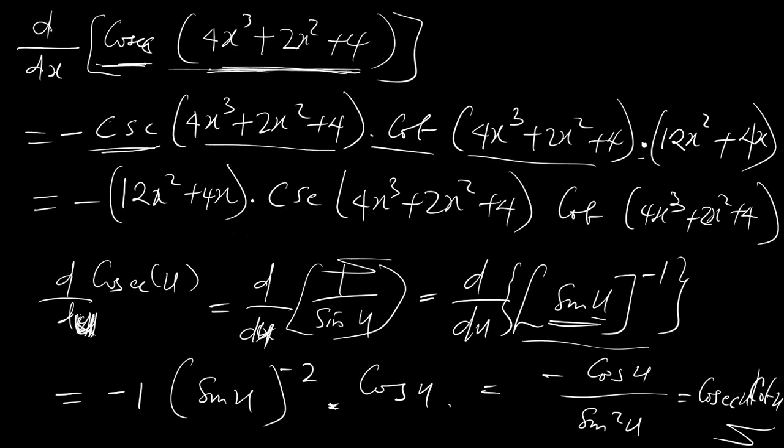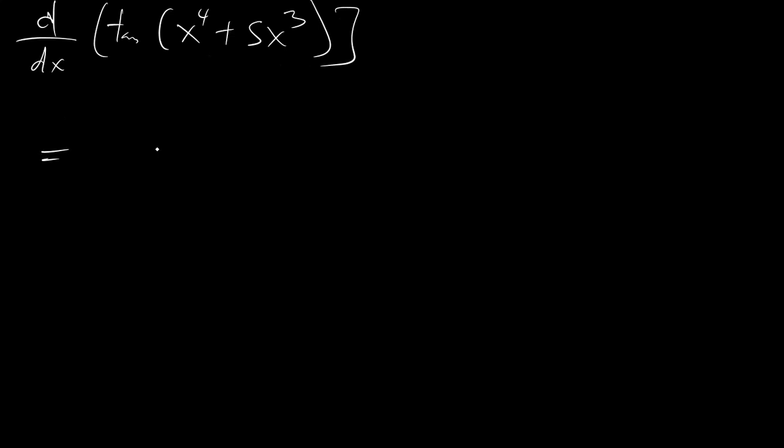So now let's go to the next question. Let's say you have the derivative of tan x raised to the power 4 plus 5x cubed. Now, the derivative of this, you differentiate tan with respect to this whole function inside here. You now have sec square.